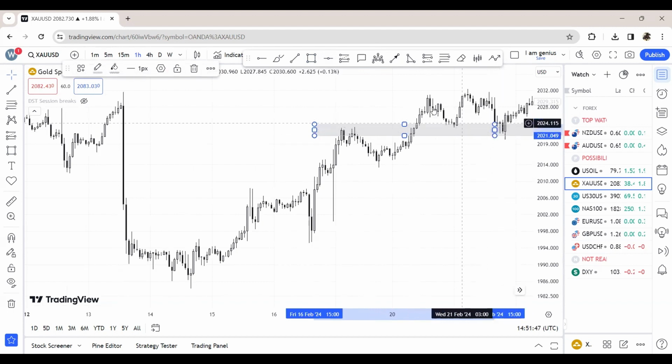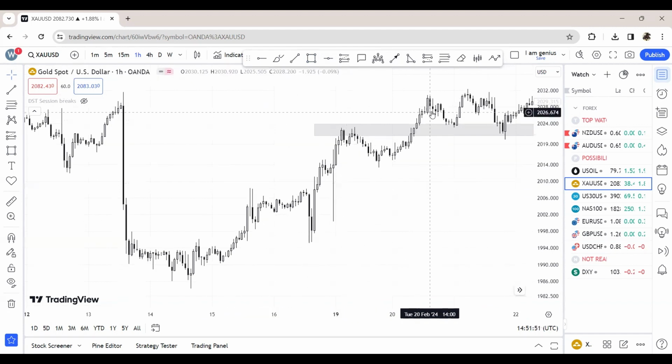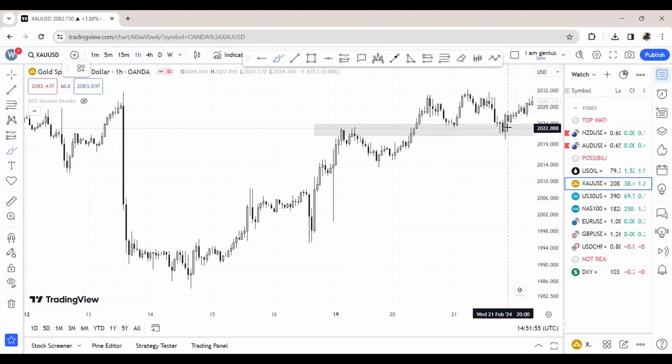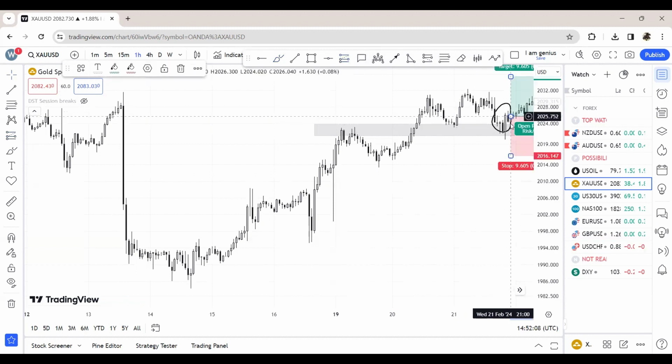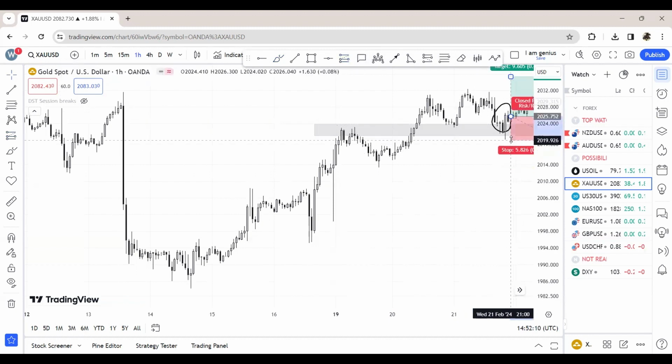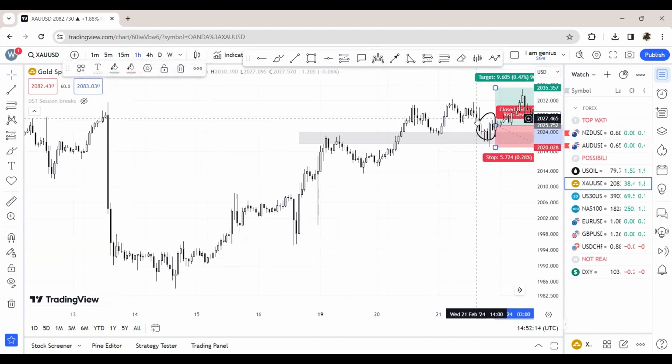After you see this, since the market has been trending to the upside, you decide to take a trade from here because you've seen this bullish engulfing candle. So you enter the market from that level, you put your stop loss just below this wick, and then you're expecting it to go up.